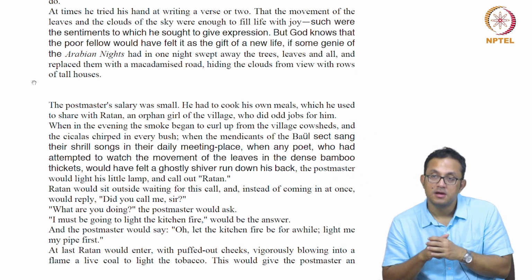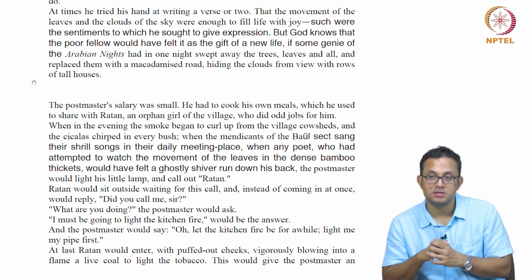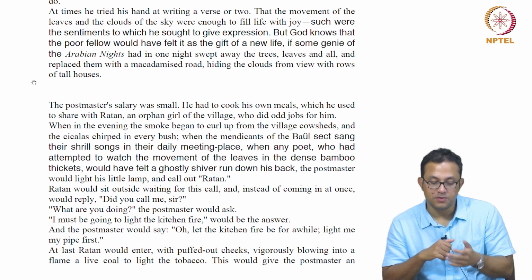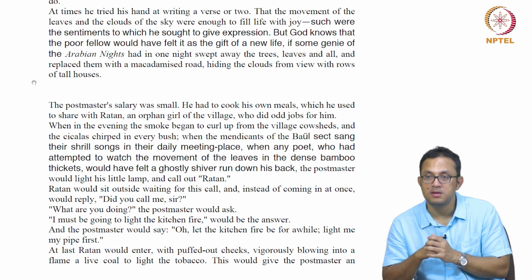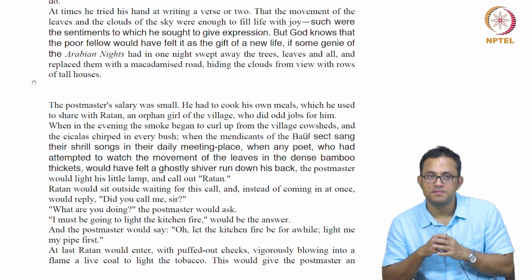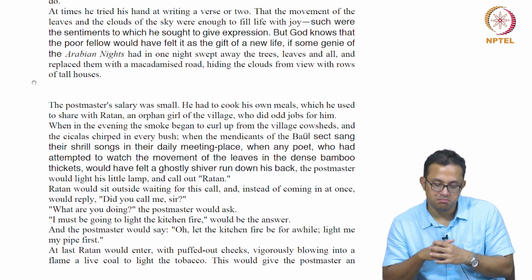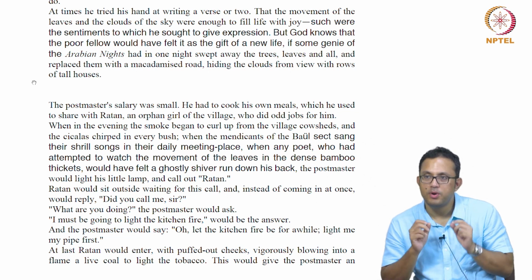But the point is, the postmaster over here would more often than not ask Ratan to light up the pipe instead of the kitchen fire, which is to say he's not really keen on his meals. It's not really connected to his meals, because there's no sense of home that he has in this particular setting. So he would just while away his time smoking his pipe. This preference is important.